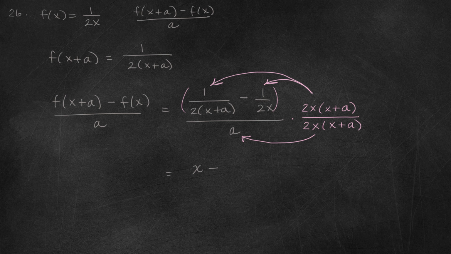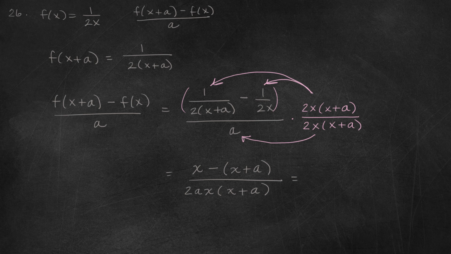Minus, when I distribute it to the negative 1 over 2x, the 2's cancel, the x's cancel, and so I'm left with an x plus a. In the denominator, I have 2 times a times x times the quantity x plus a. Now I'm not going to distribute any further in the denominator because I'm hoping something's going to cancel out.